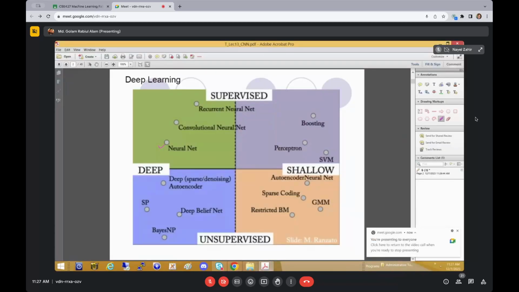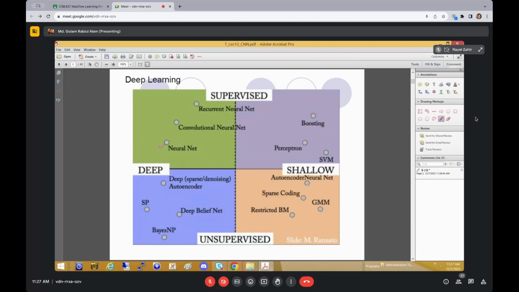And some of the architectures are shallow but unsupervised, like autoencoder neural networks, sparse encoding, restricted Boltzmann machine, and Gaussian mixture models. Those follow the shallow architecture, but those algorithms are unsupervised.